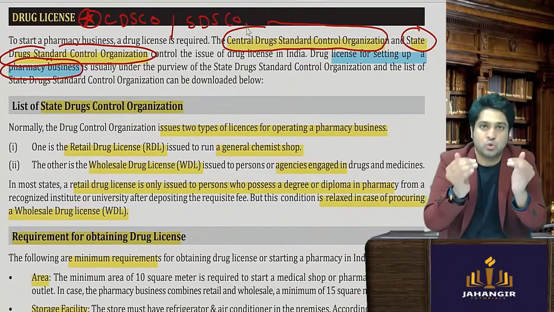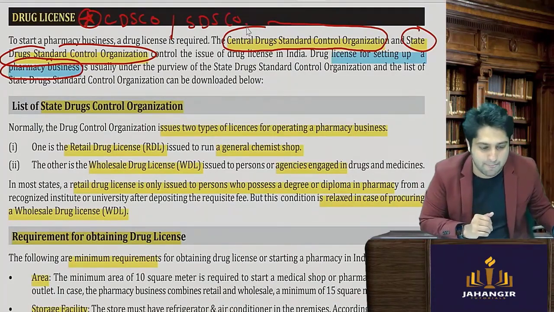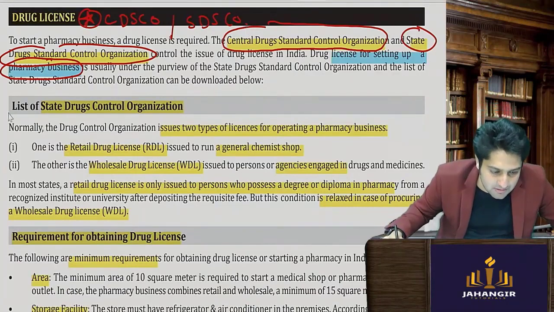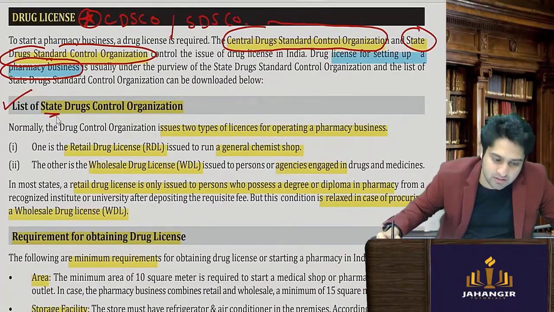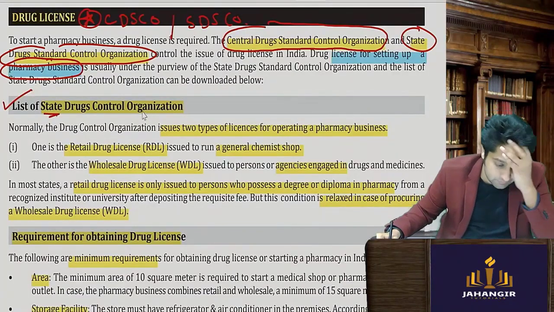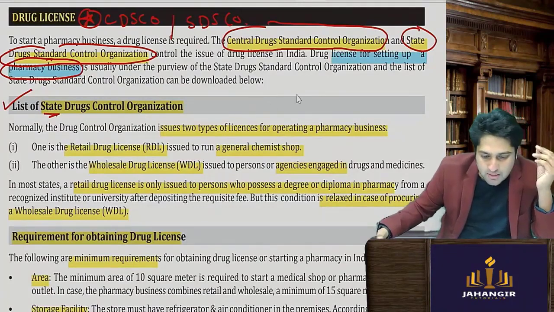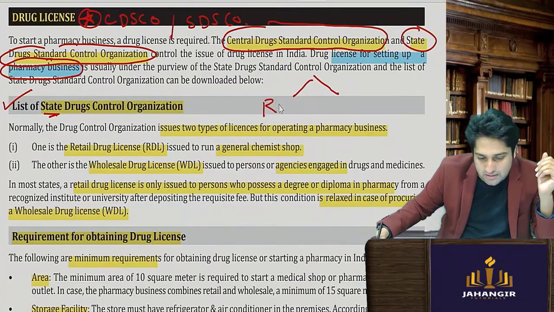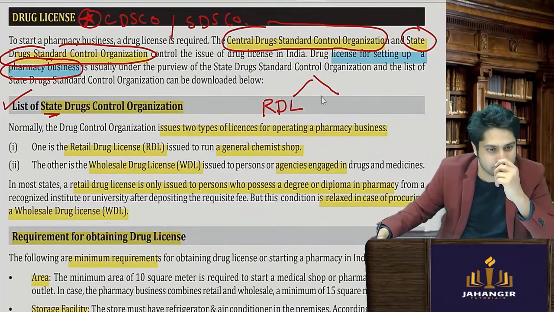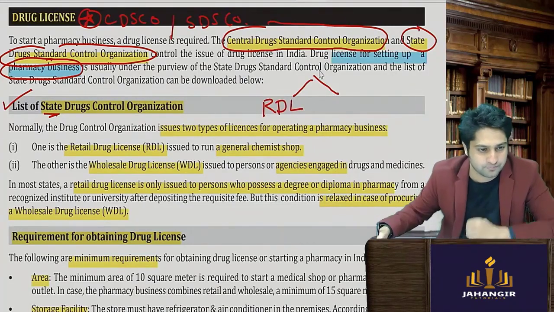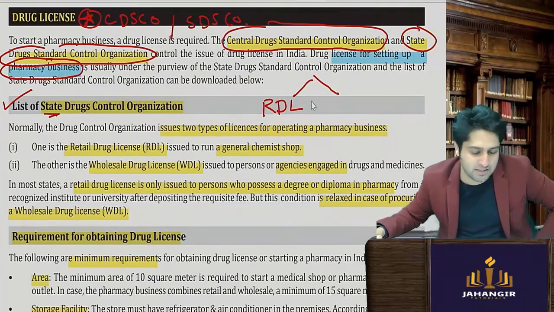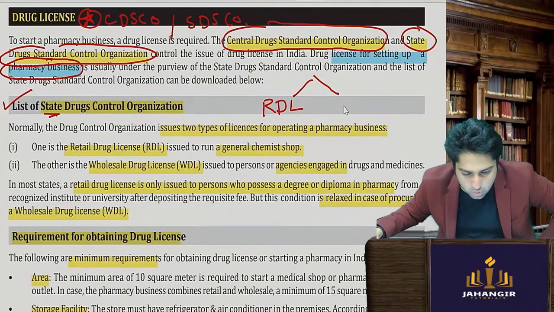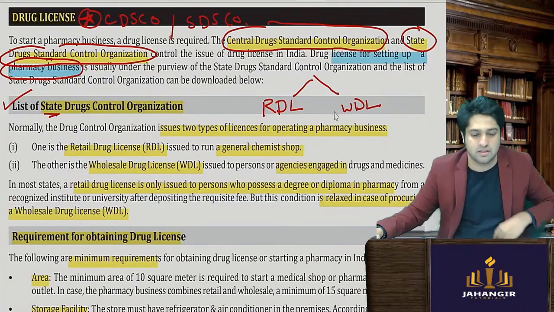Now coming to its licensing part. Okay, list the state drug control organization. So again, there are two kinds of licenses that can be given. One is a retail drug license, okay, and the other one is a wholesale drug license.